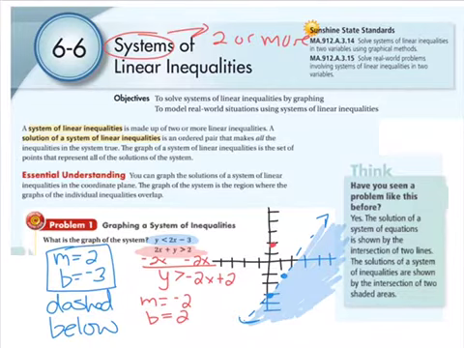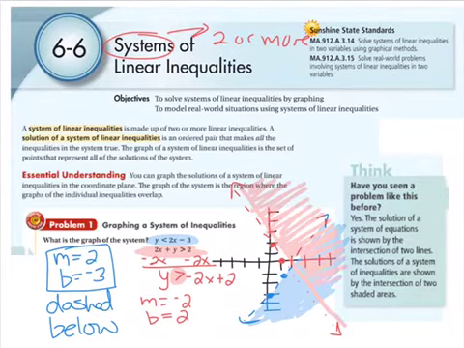That tells me we're going to go down 2, right 1. I've got to look back at my inequality symbol. My inequality symbol is a greater than. And so that tells me I'm going to be doing this also with a dashed or a dotted line. And since it's greater than, I will be shading everything above this line.